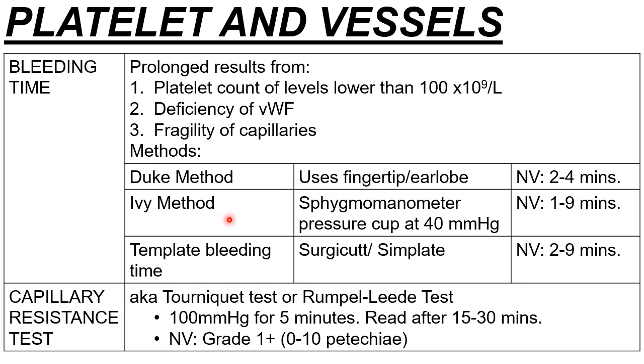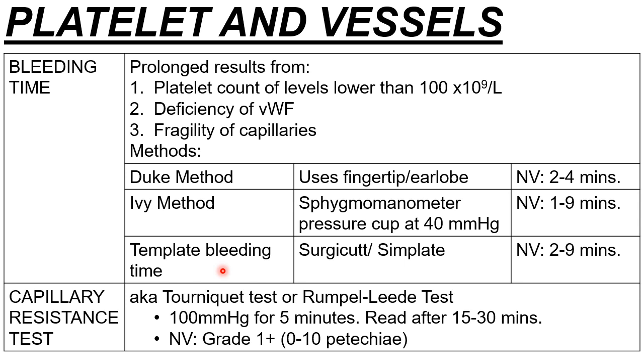Sa Ivy method naman, kailangan mong gumamit ng sphygmomanometer para ilagyan ng pressure yung mga blood vessels kung puputok ba sila or hindi. And then sa template bleeding time naman, gagamit ka ng surgical or Simplate, which is parang lancet yung mga yan, and with a specific depth ng needle.